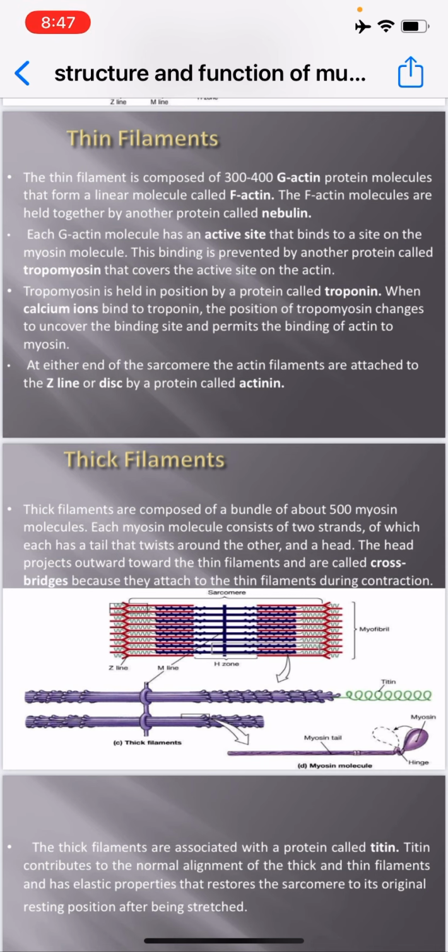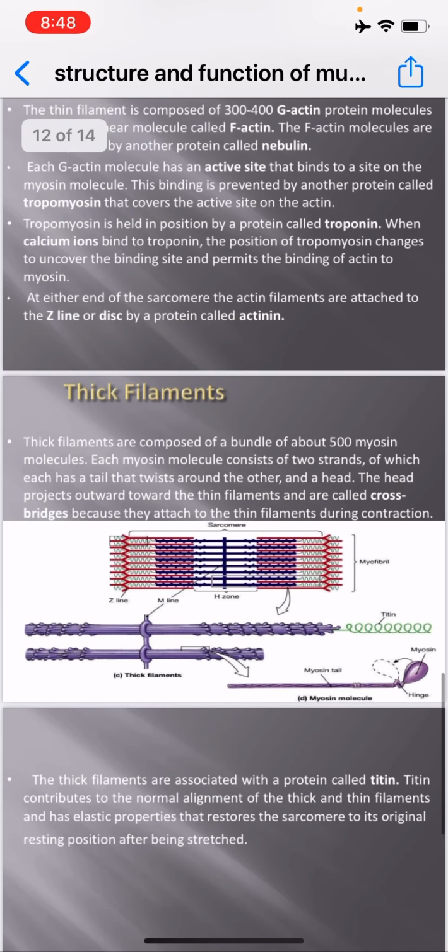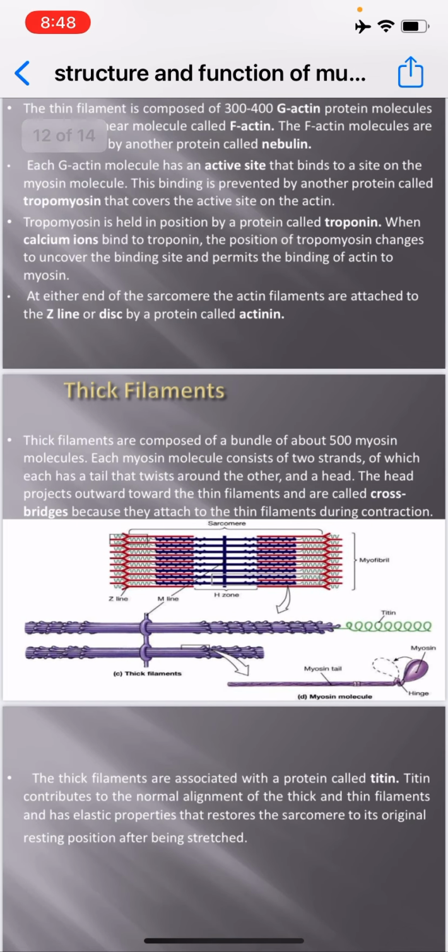Tropomyosin is held in position by a protein called troponin. When calcium ion binds to troponin, the position of tropomyosin changes to uncover the binding site and permits the binding of actin to myosin. At either end of the sarcomere, the actin filaments are attached to the Z-line disc by a protein called actinin.